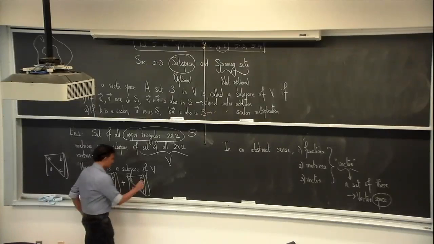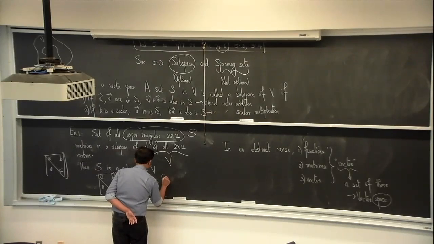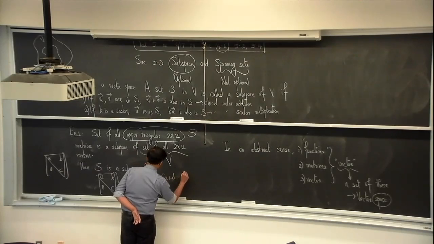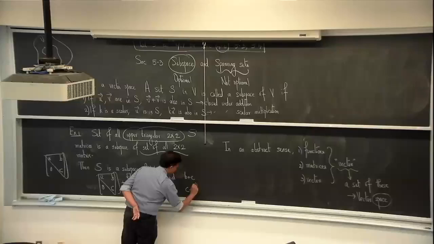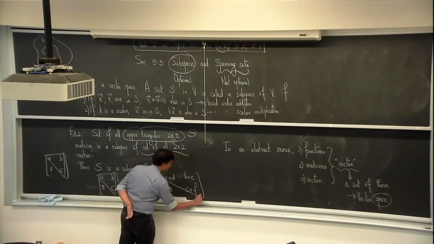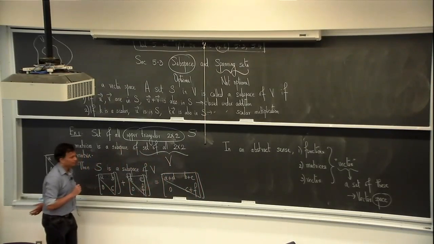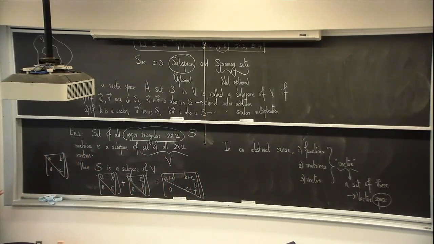You add them together, and there is no doubt about this: A plus D, B plus E, 0, C plus F. That is also a 2 by 2 upper triangular matrix. And there is no restriction on those numbers A, B, C, D, E, F, because even if they are all 0, we are okay.